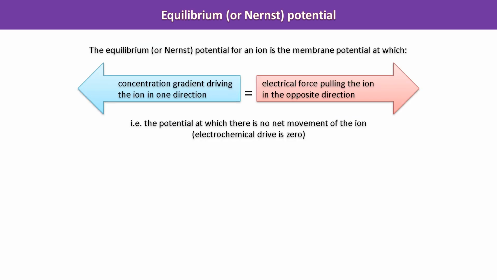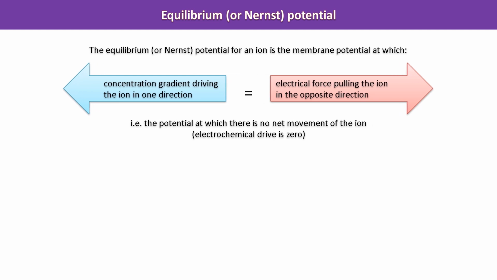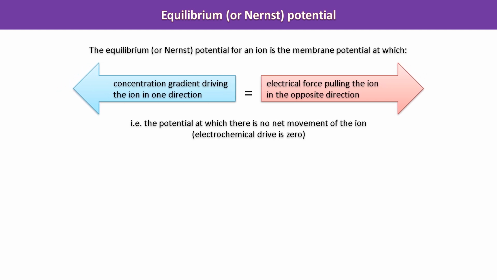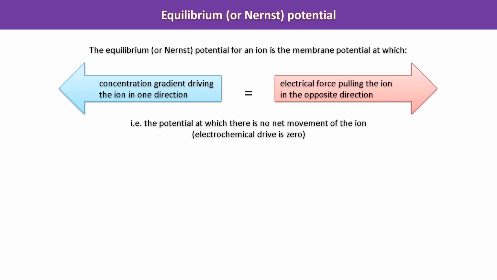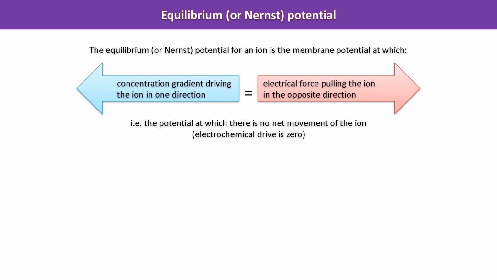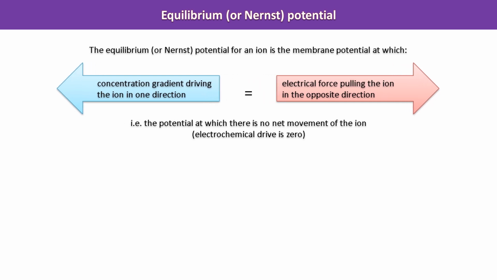To summarise, the equilibrium or Nernst potential for an ion is the membrane potential at which the push from the concentration gradient equals the pull from the voltage gradient, and there is no net movement of ions through a channel or across the membrane.